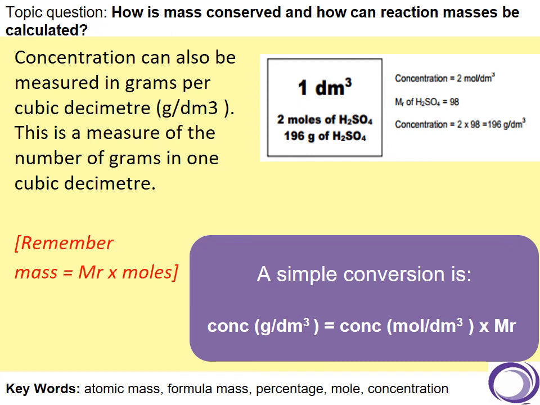Concentration can also be measured in grams per cubic decimetre or decimetre cubed, and that's the number of grams in 1 decimetre cubed. Now remembering that mass equals Mr times moles, we can convert concentration in moles per decimetre cubed to grams per decimetre cubed by multiplying by the formula mass.